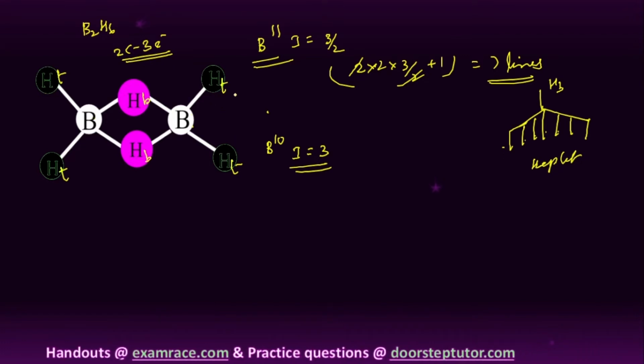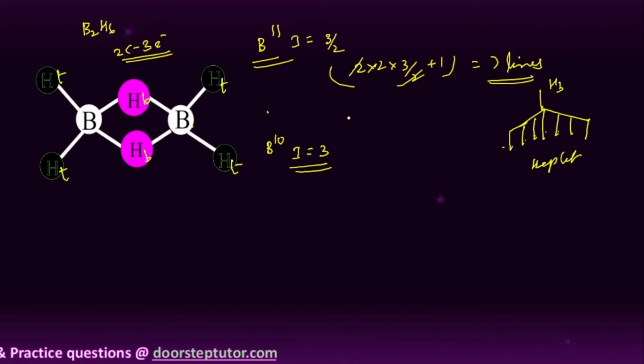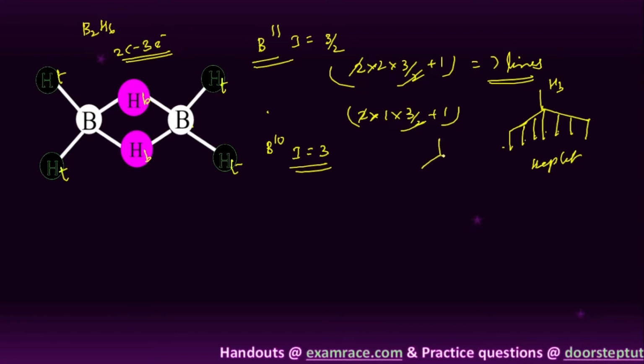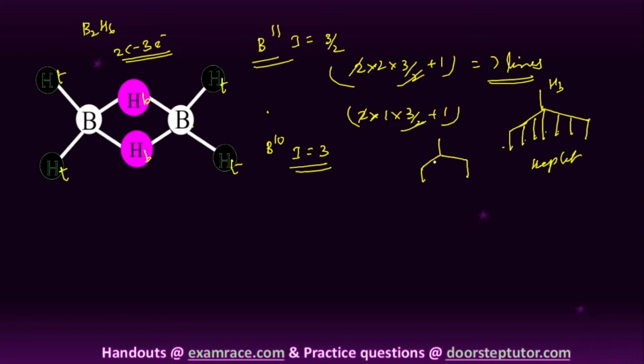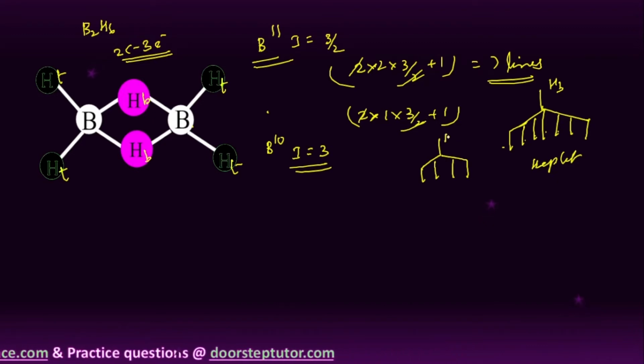Therefore the two terminal hydrogen atoms are coupled with only one boron atom: 2 into 1 boron atom into 3/2 plus 1. The 2 gets cancelled, 3 into 1 is 3, 3 plus 1 is 4. Therefore 4 signals appear, that means it gives a quartet in NMR spectroscopy. It is due to the terminal hydrogens.